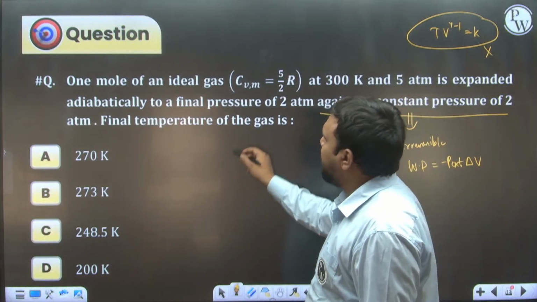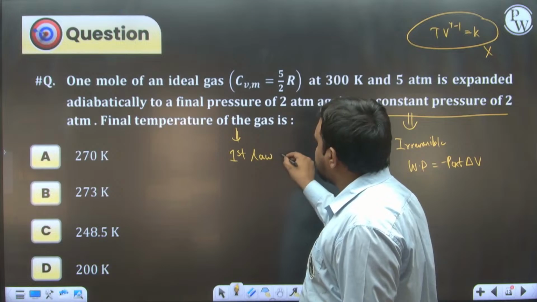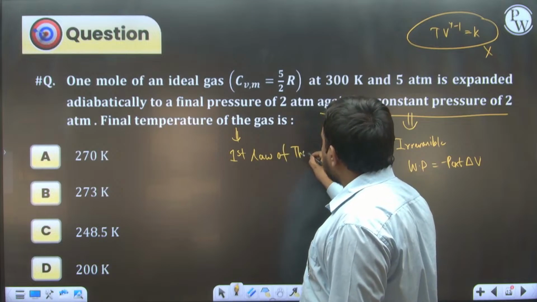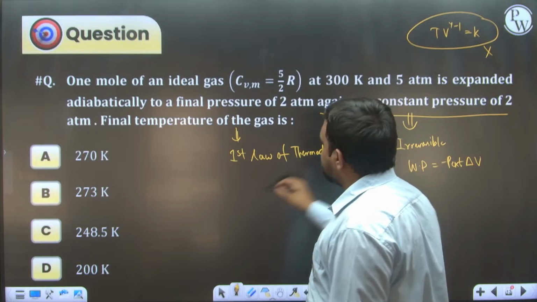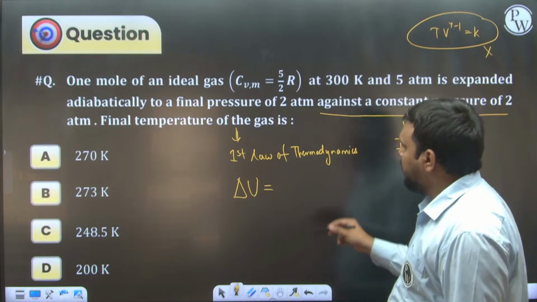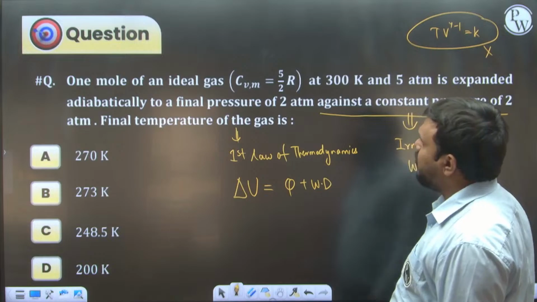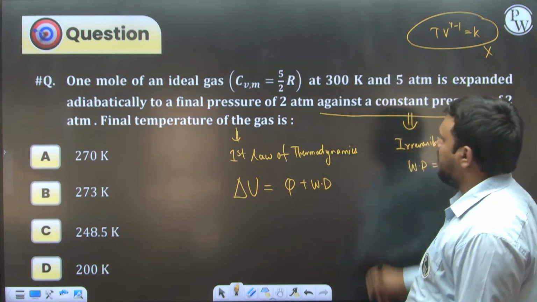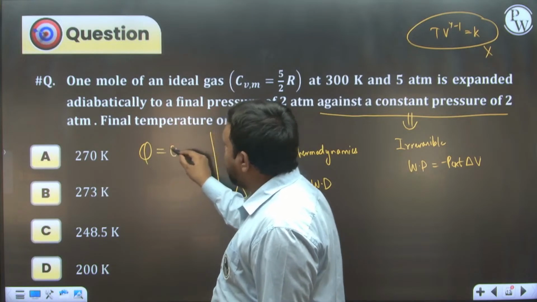Over here, we can apply the first law of thermodynamics. What does it say? The internal energy change delta U is equal to Q plus work done. And you already know for an adiabatic process there is no heat exchange, so Q will be equal to 0.